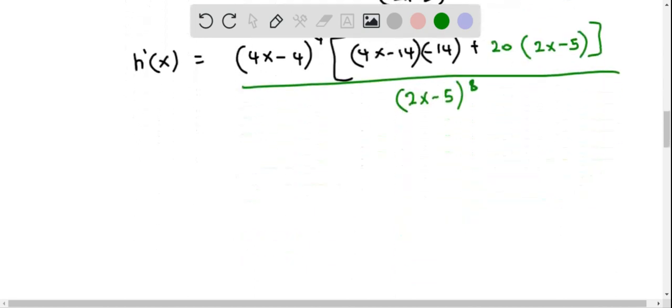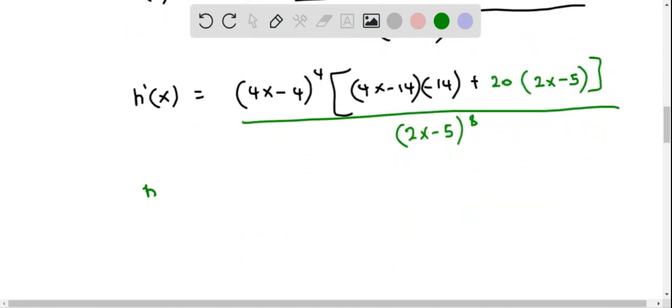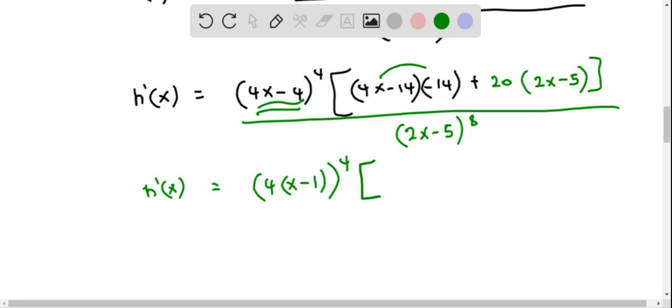Let's continue. So we have h prime of x equals, in fact, I can factor 4 from this inside expression of 4x - 4. So when I do that, I get 4 times (x - 1), raised to the power of 4. And let's simplify the terms inside the bracket. So we distribute this -14.